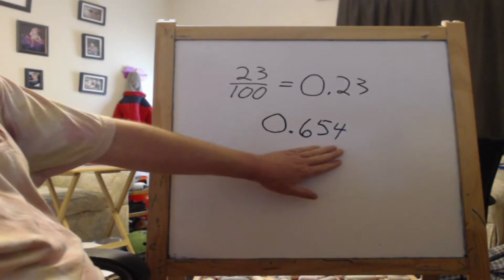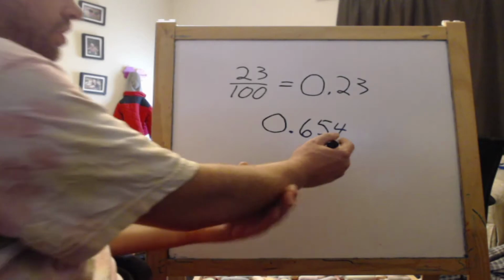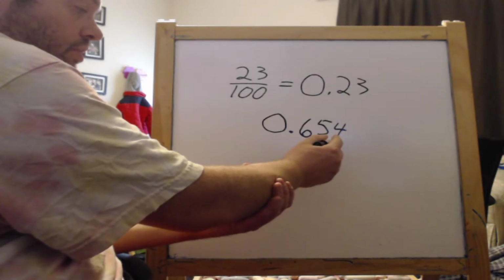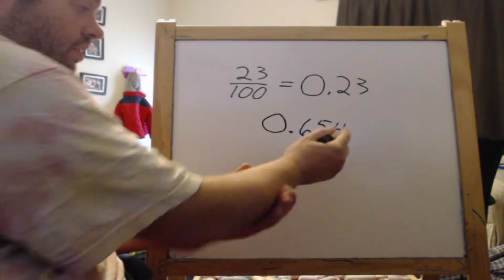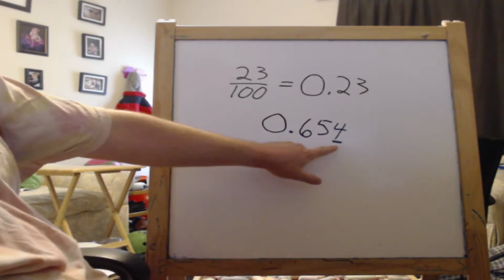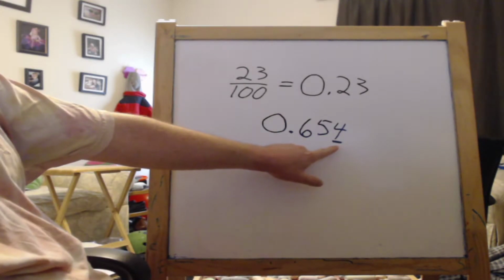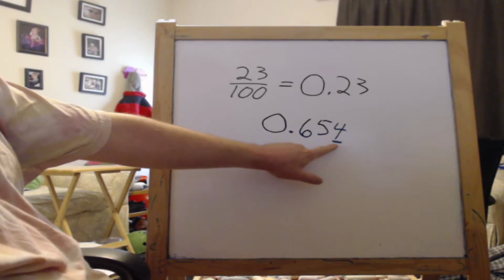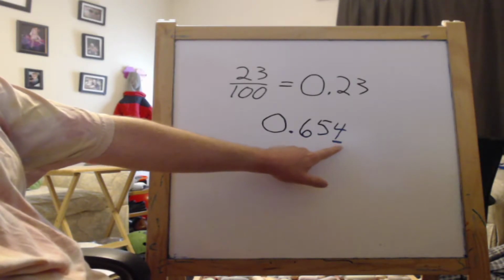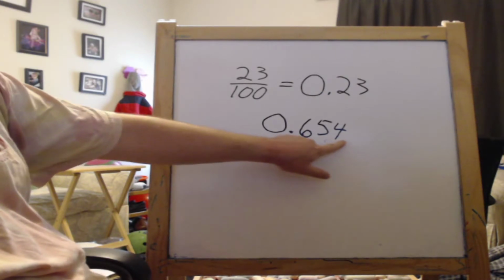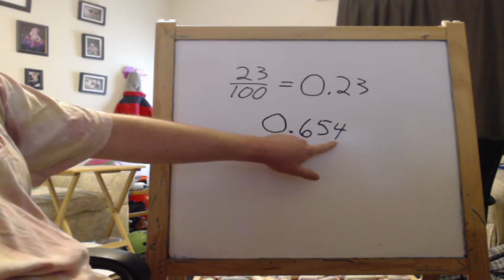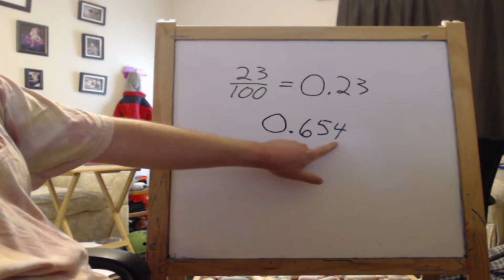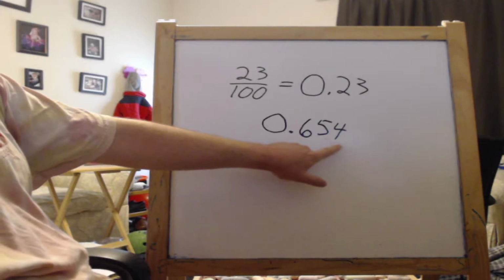Now, naming a decimal, the most important thing is to figure out what number is in the last place, right? Or I should say, what is the place value of the number that's furthest to the right?